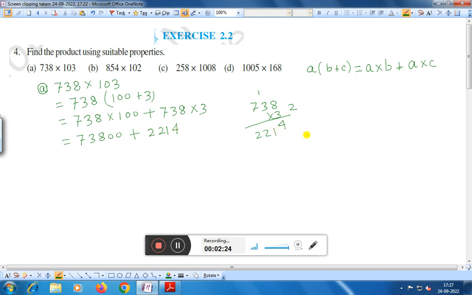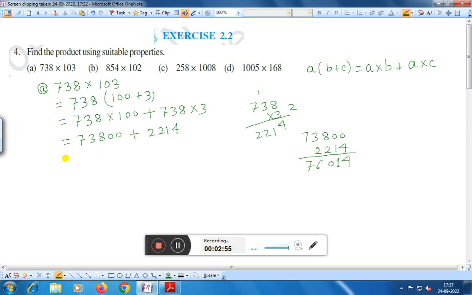Now we will add this number, that is 73800, we are adding 2214. Now we will get 4, 1, 8 plus 2, 10, 0, carry 1, 3 plus 1, 4, 5, 6, 6, and this is 7.